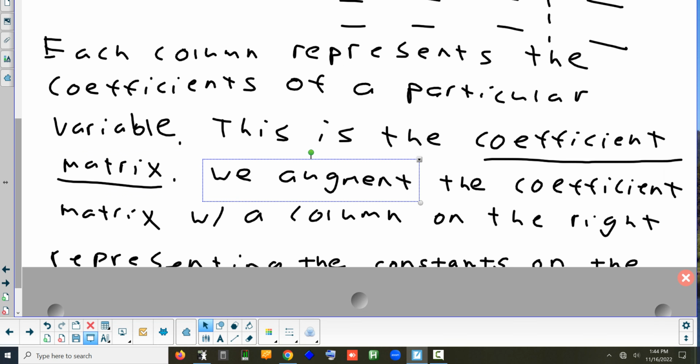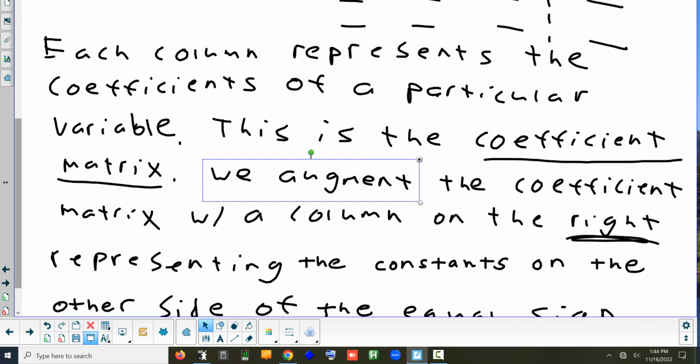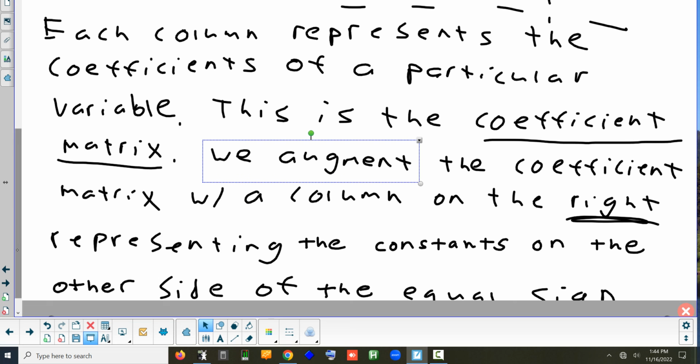We're going to add onto it a column for all the numbers that were on the right-hand side. Or I could say in general, all the numbers that were on the other side of the equal sign. They're usually on the right. I think in all the problems we do, they're on the right.